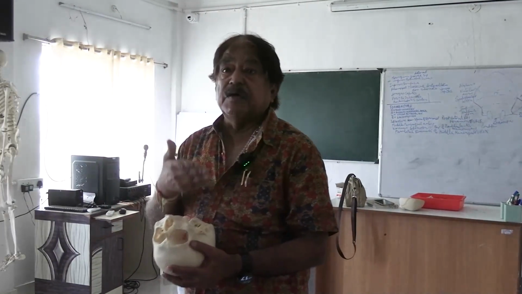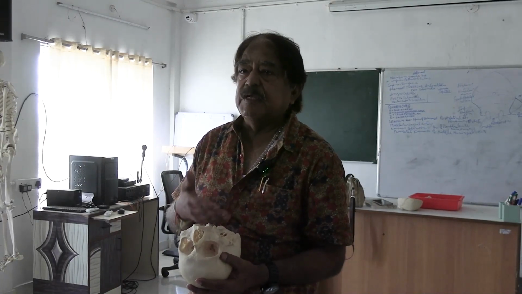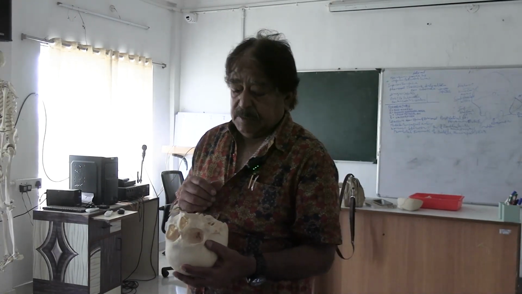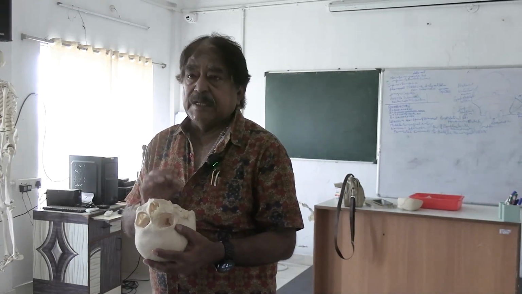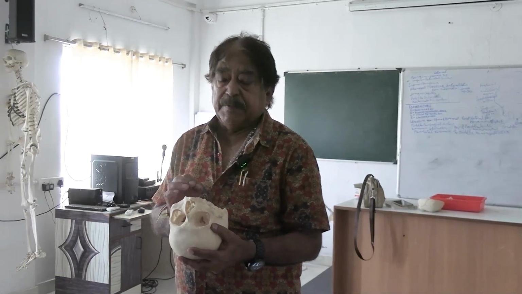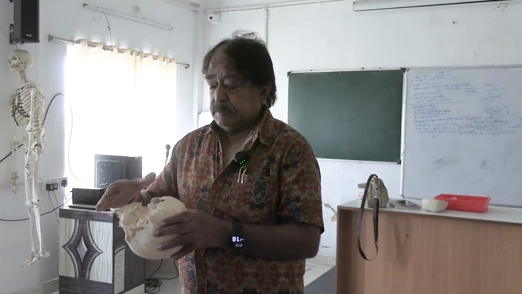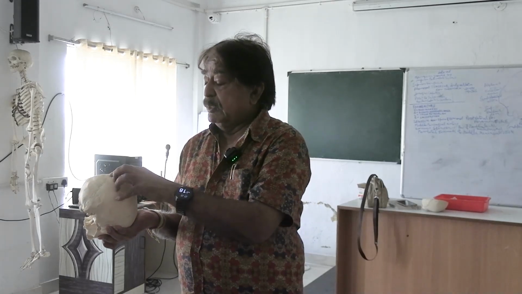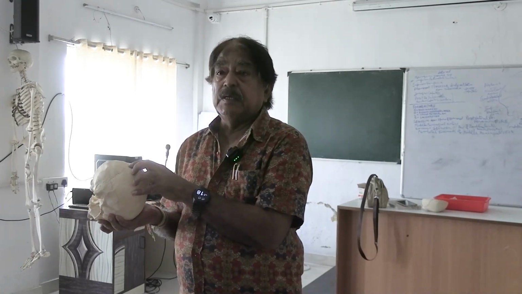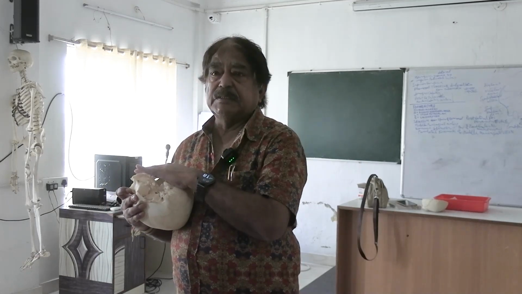And the inferior surface of the skull, it is the inferior surface of the skull with different holes are there. And now, this part, it extends from here up to the superior nuchal line. That is the Norma Basalis.